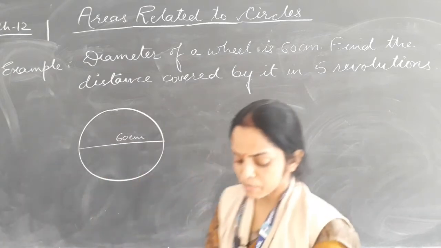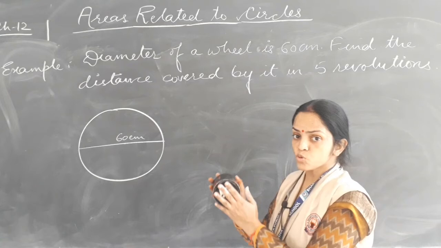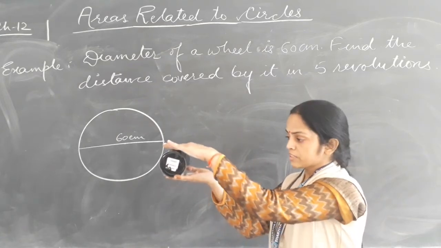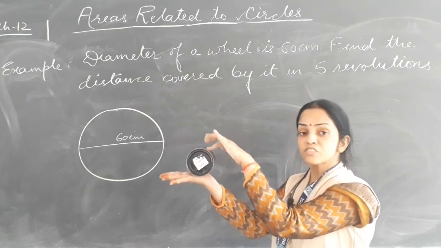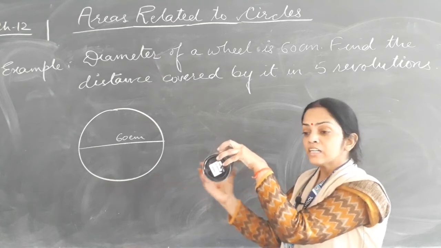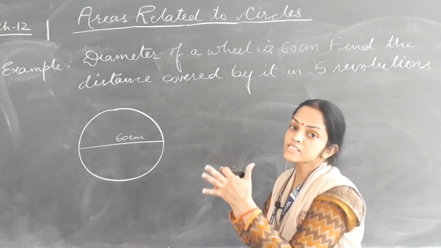Suppose it is a wheel. Okay, it is a 2D figure. If it is revolving, then what distance is covered by this wheel? Suppose it reaches up to here, then distance covered by wheel is circumference of circle.